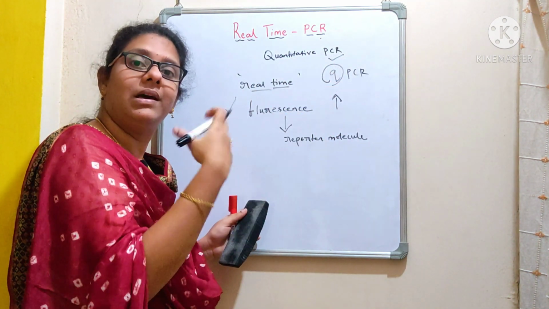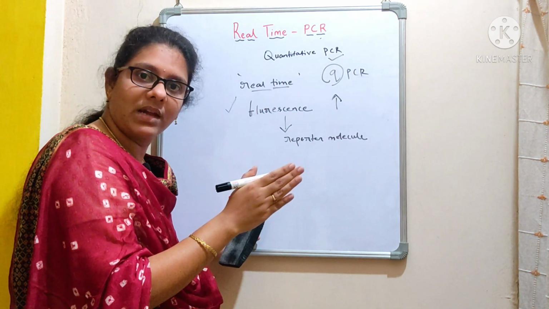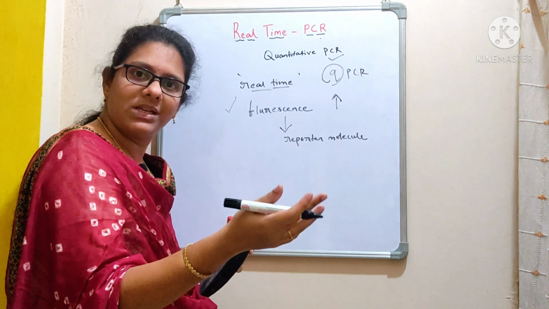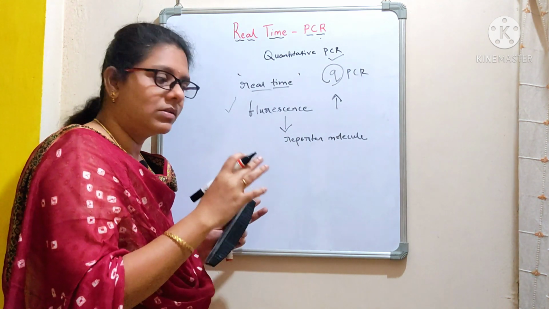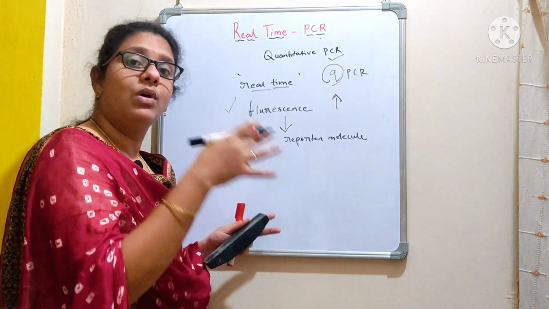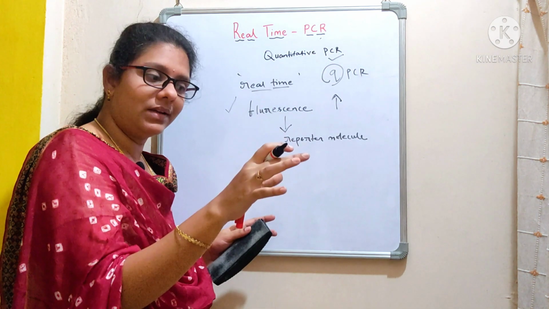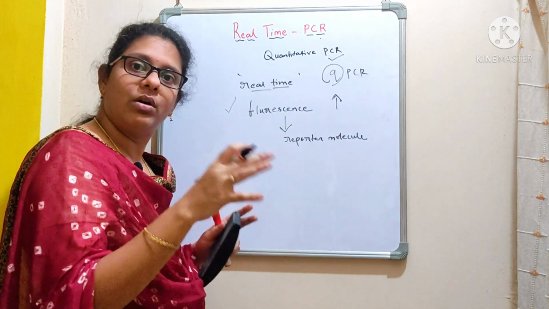Moreover, in the conventional method of PCR, once we are done with the PCR reaction after some 30 to 40 cycles, right? We are going to get millions and billions of copies of the gene. So how will you identify the presence of the gene, and how will you know whether the amplification was done or not?